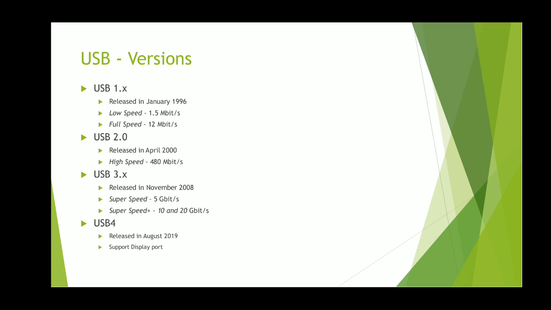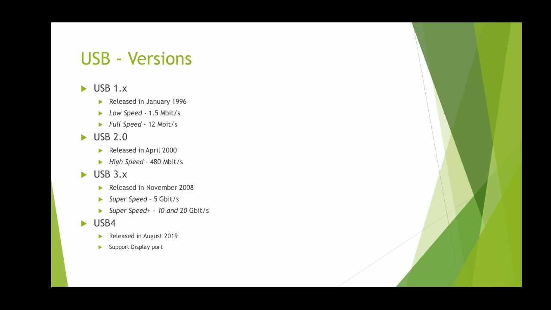After USB 2.0, the USB Implementers Forum released USB 3.x. The first version of USB 3.x is USB 3.0, which was released in November 2008. It supports speed up to 5 gigabit per second in the super speed mode, and in the super speed plus mode it supports speed up to 20 gigabit per second.